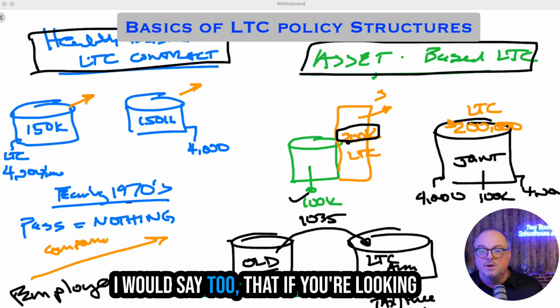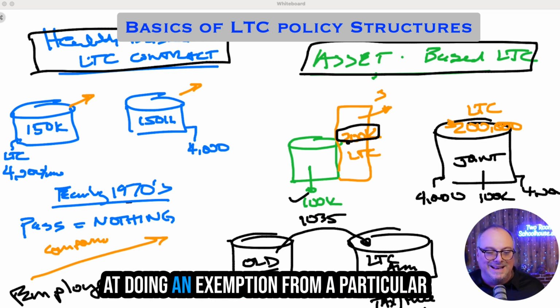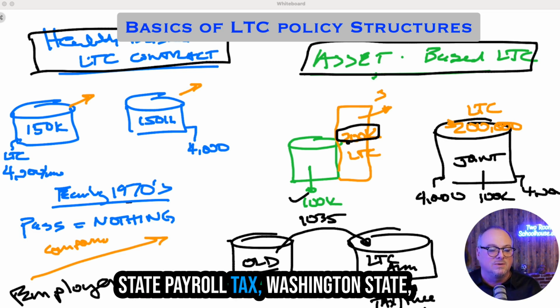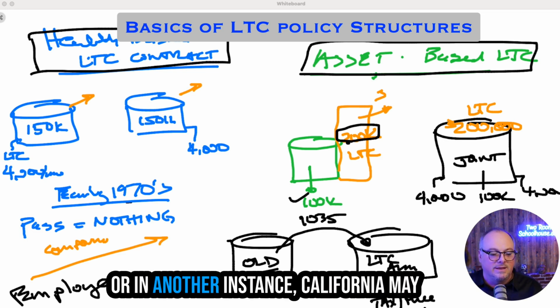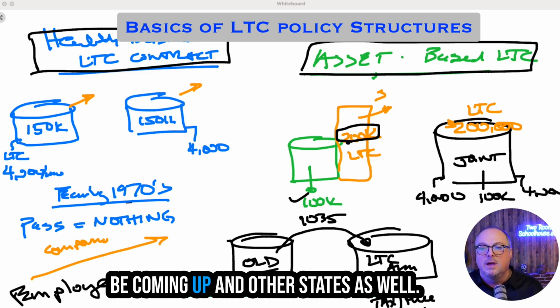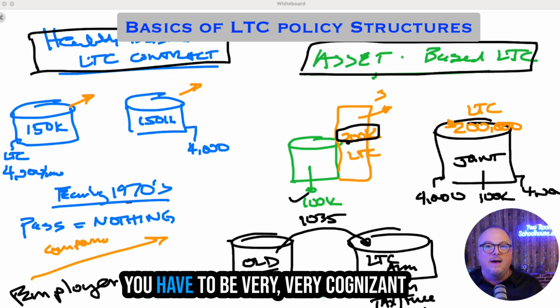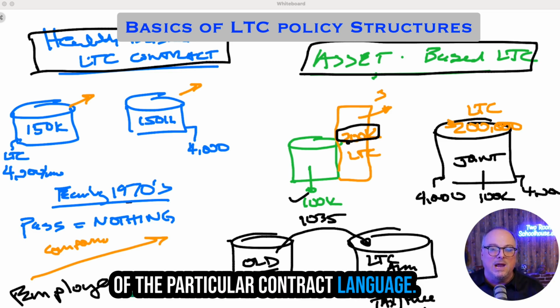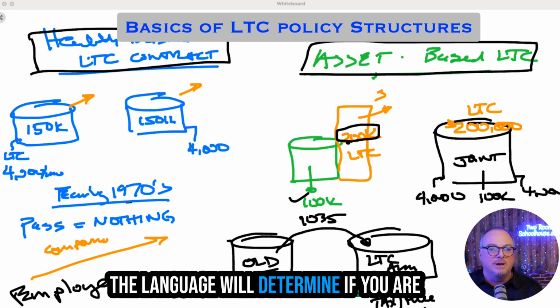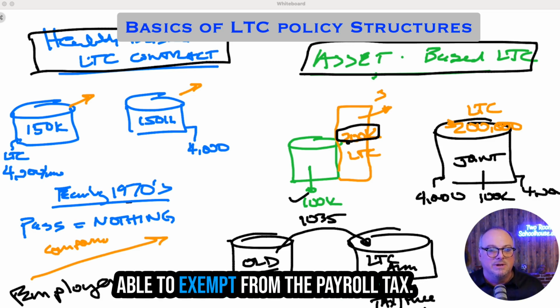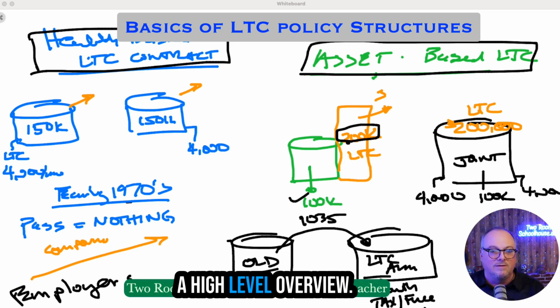I would say, too, that if you're looking at doing an exemption from a particular state payroll tax, such as Washington State, or California, which may be coming up, and other states as well, you have to be very cognizant of the particular contract language. The language will determine if you are able to exempt from the payroll tax. I hope that helps from a high-level overview.